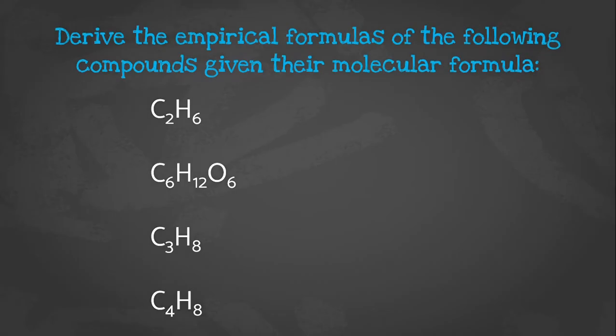Okay. So, first thing that we are going to do is derive the empirical formulas from the following compounds given their molecular formula. So, ito talaga yung formula ng molecule nila. Okay, pero paano nalaman yung kanilang molecular formula?